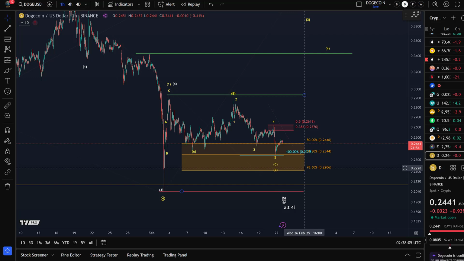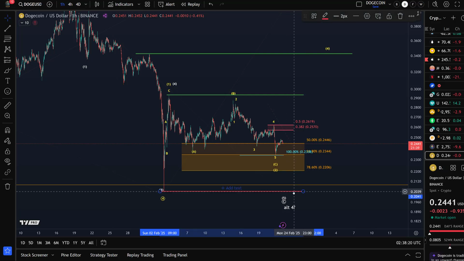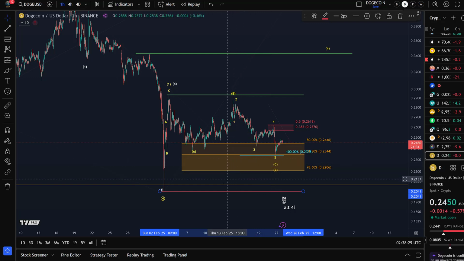Even if it goes lower, it wouldn't necessarily be a problem from a bullish point of view, because the market could theoretically stretch out all the way to 22 cents. That's the 78.6 retracement. Ideally, the market holds above that level. If not, then the invalidation point is at 20.4 cents. But 22 cents is main support.